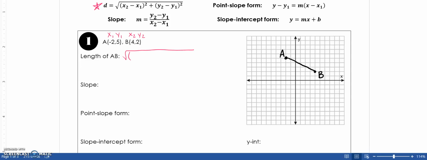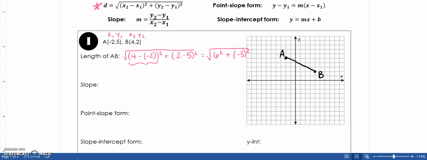So we're going to do 4 minus, putting my -2 in parentheses. It's always a good habit. And then 2 minus 5 squared. That simplifies to 4 minus a -2, which is the same as doing 4 plus 2, which is a 6. So we're going to square a 6. And 2 minus 5 is a -3.